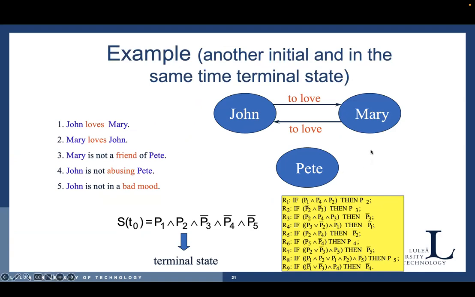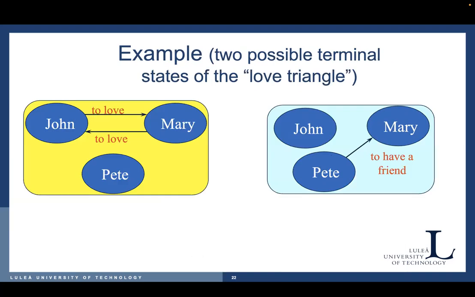This would be an example of another query, with other starting conditions. And again, the purpose of reasoning would be, starting from this initial assumption, applying all these 9 rules to come up with the final state. So what does this imply?